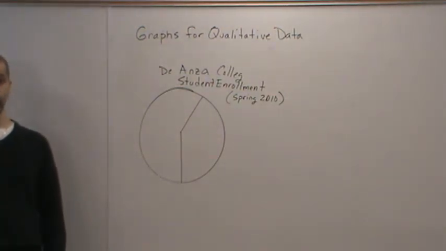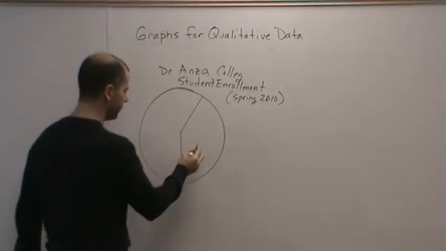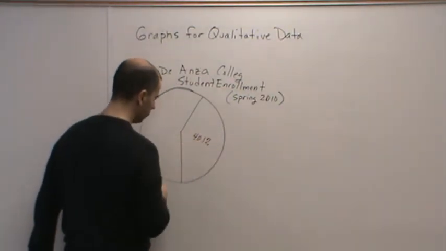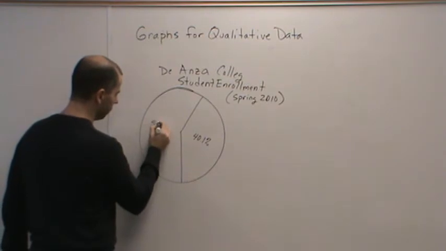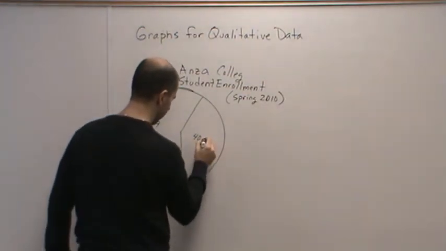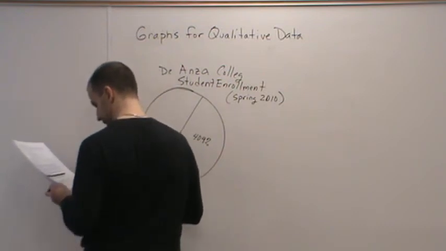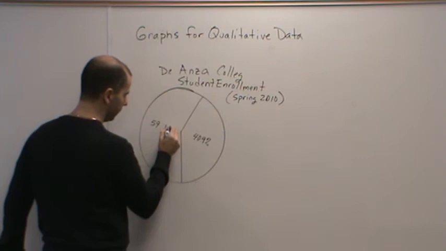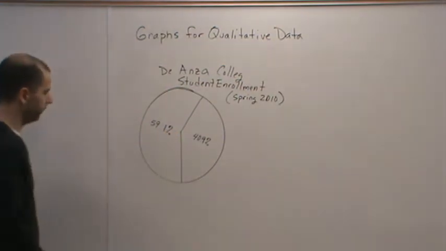I only got 2 categories, and that's what I did. So now this is going to be 40.9%. Yeah, 40.9%. This is going to be 59.1%. Okay?